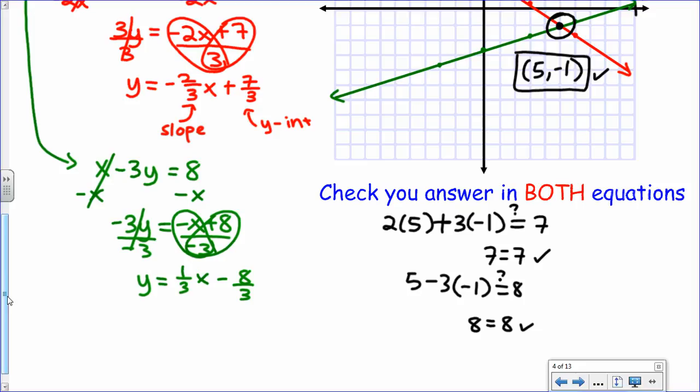Some problems will tell you to show that check or verify your answer is correct. So like on the quiz, there's a problem that tells you to do that. So this is how you would show that. This is the work you would show. If it doesn't tell you to do that, you should still do it. At the very least, just type it in your calculator. You don't have to write it down, but at least type it in, so you can make sure that your answer is right.